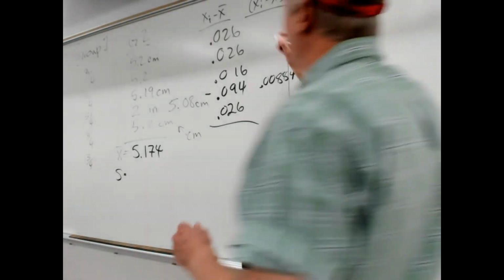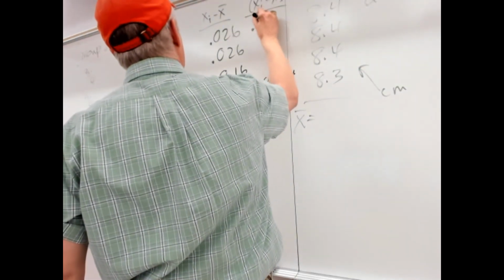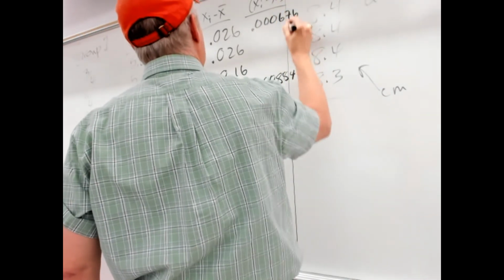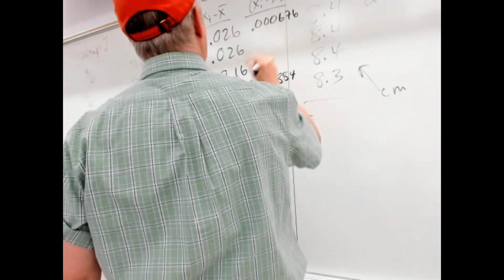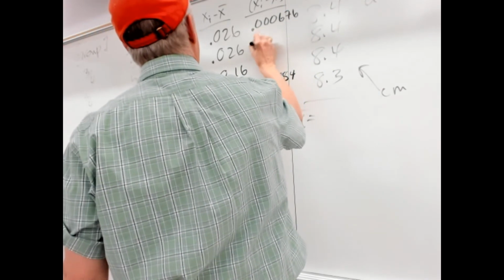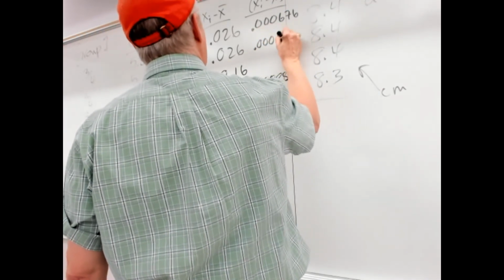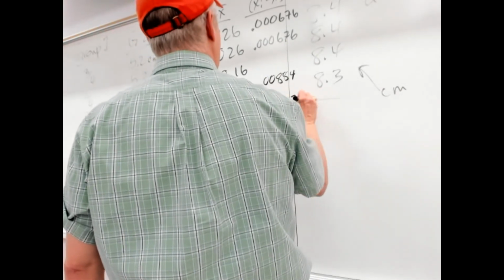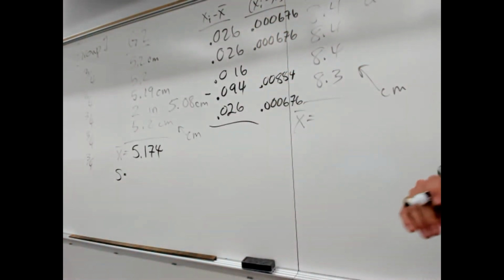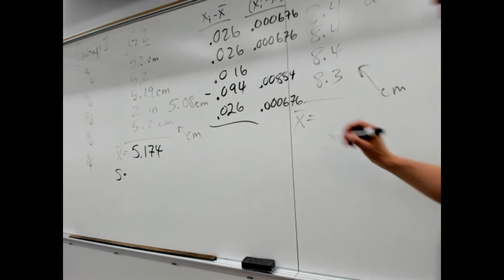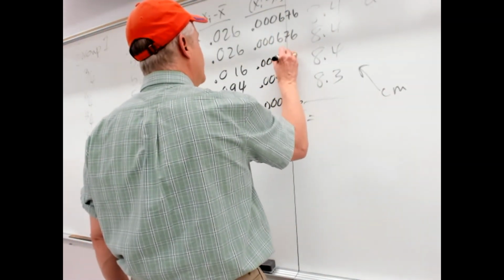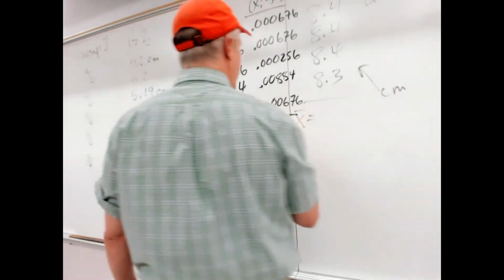The square of 0.026 is 0.000676. That seems okay. All right. And so then the last one. For the 0.016, it's 0.000256. Yes. Okay. Then add all those together.